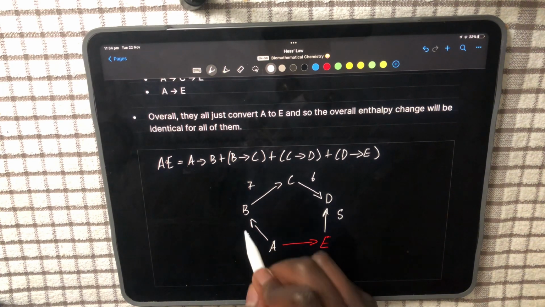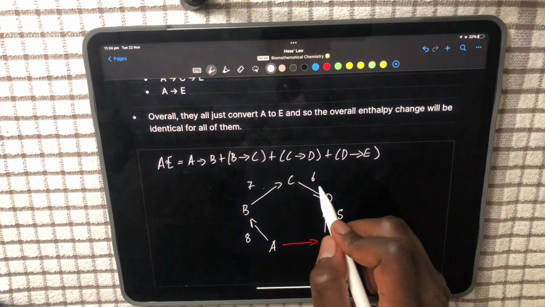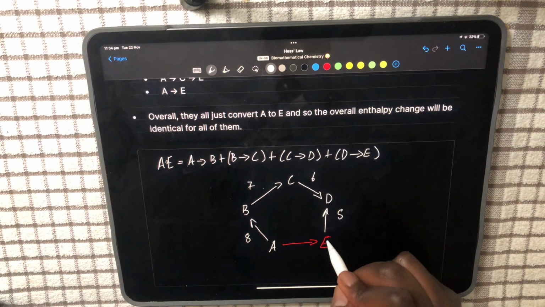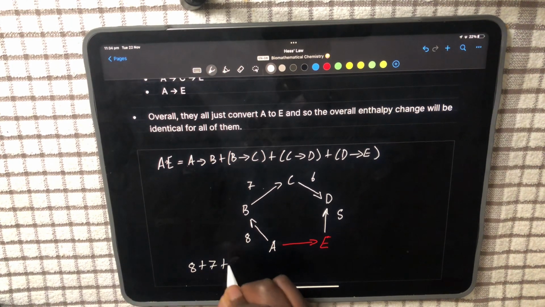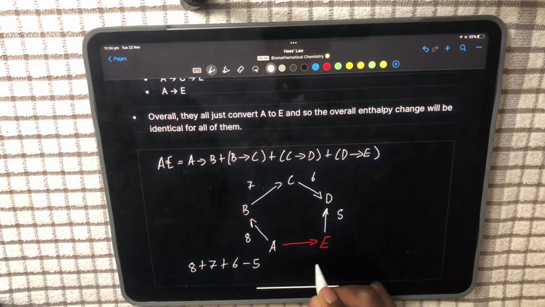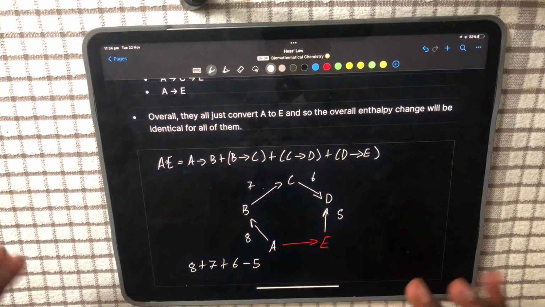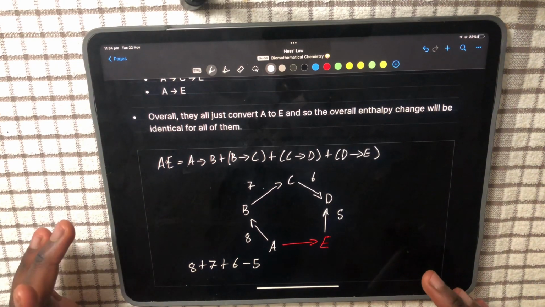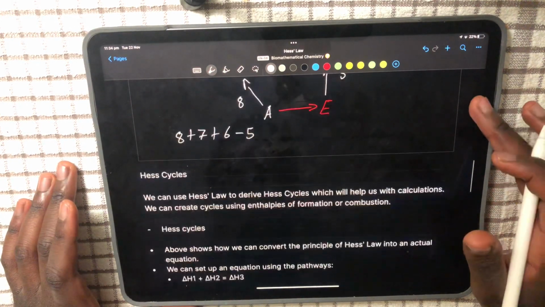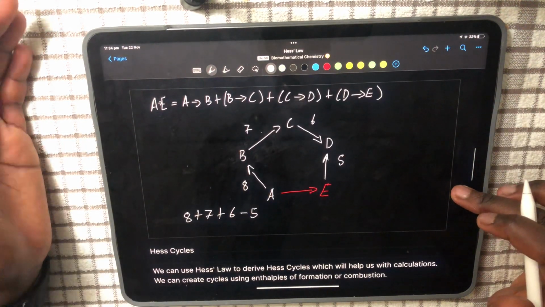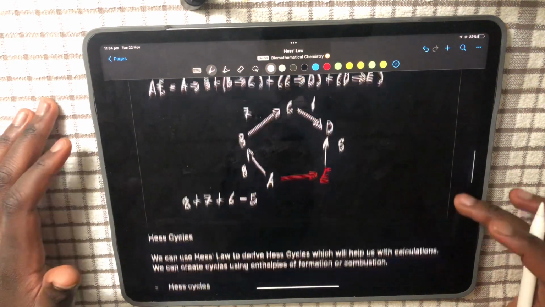So from A to E, 8 plus 7 plus 6. But to go from D to E would be minus 5. So it'll be 8 plus 7 plus 6, and then minus 5. And then that would be equal to what A to E is. But this is just an example of showing you how it all works, and generally, if you know vectors, it's kind of the same principle.